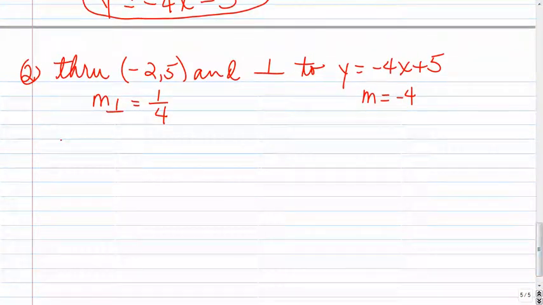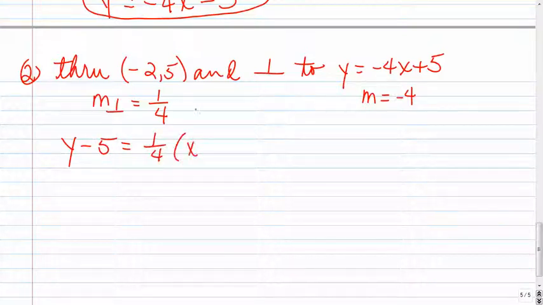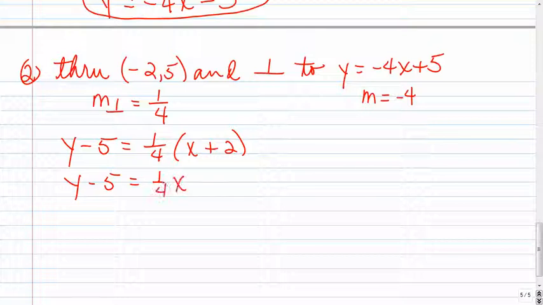So using the point-slope form, this will be y minus 5 equals 1/4 times x minus the negative 2, which is plus 2. So that's just substituting in the point-slope form. So I'll bring down the left side, y minus 5, and then I'm going to multiply on the right side. So 1/4 times x is 1/4 x, and we are multiplying 1/4 times 2.